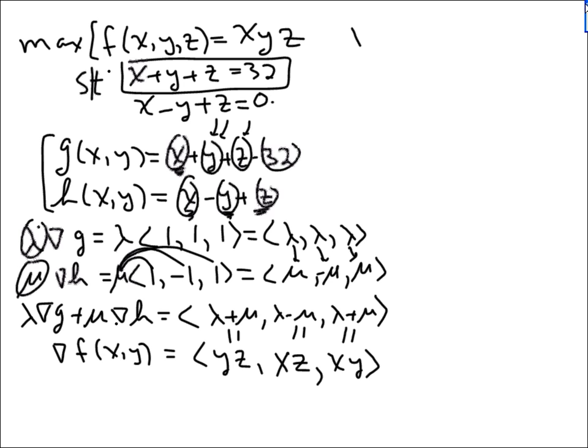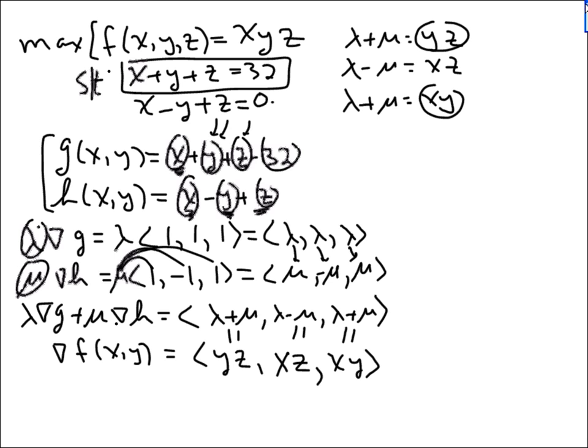We have that lambda plus mu is yz, and lambda minus mu is xz, and lambda plus mu is xy. Since yz and xy equal the same thing, that tells me that xy equals yz.